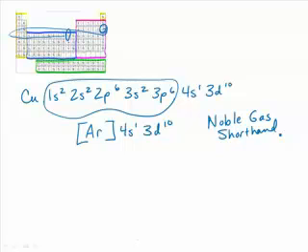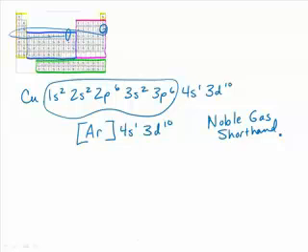You may write the full notation, or you can abbreviate it with the noble gas shorthand, unless you're working on a worksheet and it specifically asks for one or the other, then you need to do it whichever way they ask. But on a test or a quiz, if I don't specify, I just say for you to write the electron configuration, then you may use noble gas shorthand.